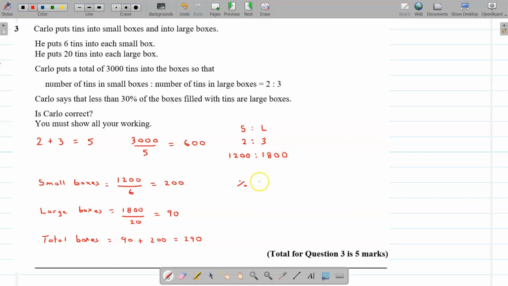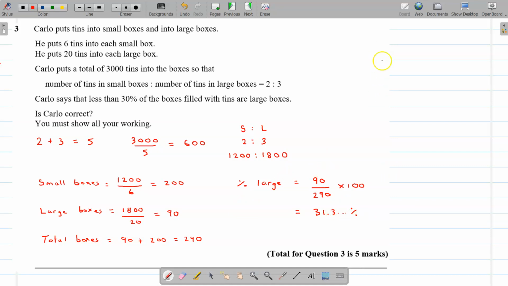The percentage is going to be the number of large boxes out of the total number of boxes times 100, and if you put that on the calculator, that comes to 31.3%. And now we need our conclusion, and this is so important.